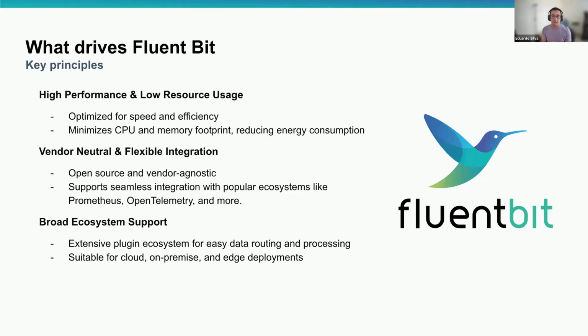I use an analogy: you can have two cars running really fast, but what really matters is how much gas you need to achieve that speed. In Fluent, we aim to reduce the energy needed without sacrificing performance. That helps us push our own boundaries and provide something that can solve the problems that exist today with companies, cloud providers, and many other areas.